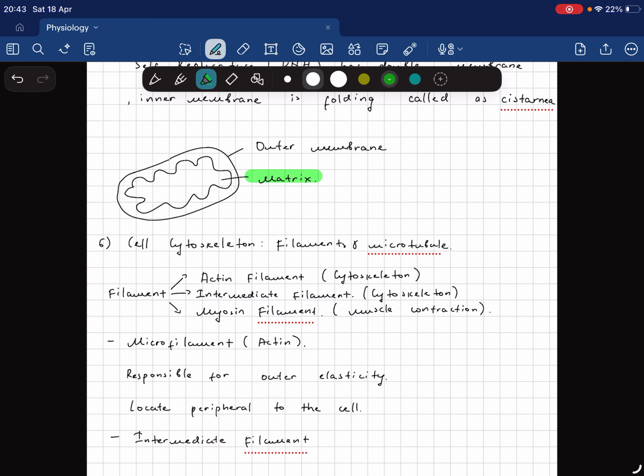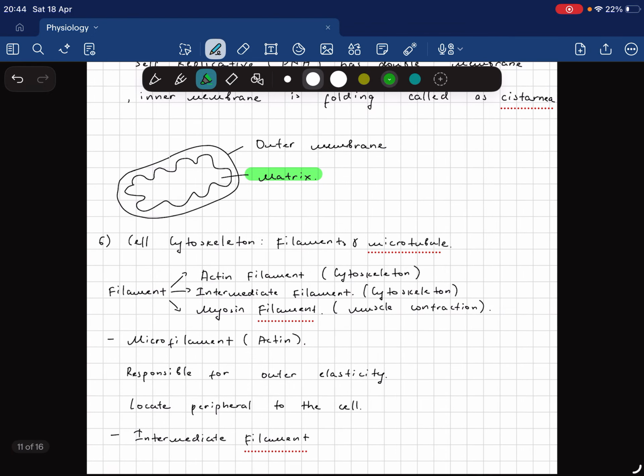Actin filament is the smallest, the intermediate is the average one, and the biggest is the myosin filament. Their functions are also different. Actin filament is for movement and is part of the cytoskeleton. Intermediate is also part of the cytoskeleton, and myosin filament is responsible for muscle contraction, which we will talk about later in the Guyton, chapter 9 or something like that.